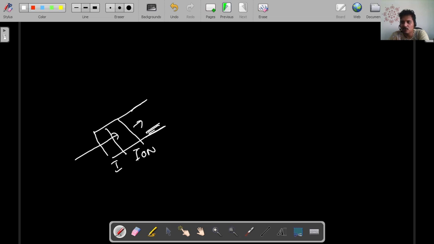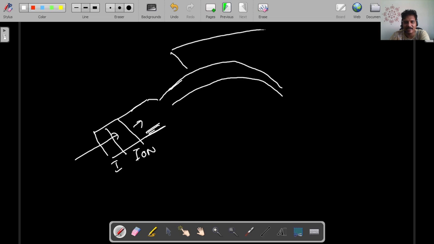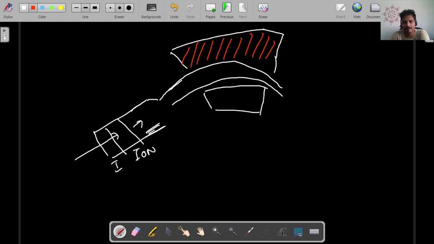What we'll do is that we try to do the focusing by means of a tube. Here we keep a magnet. I just put this as a magnet.